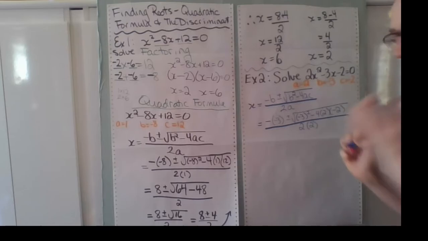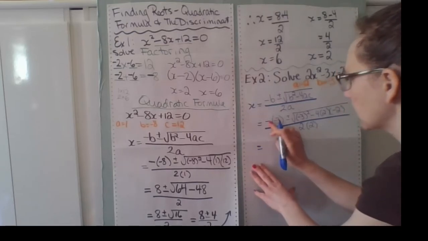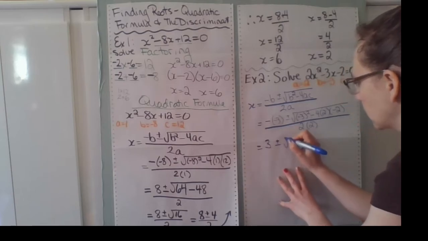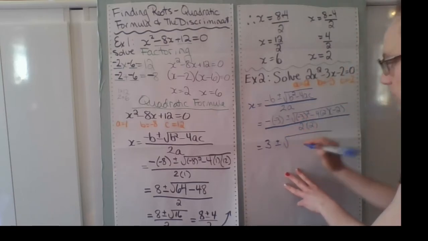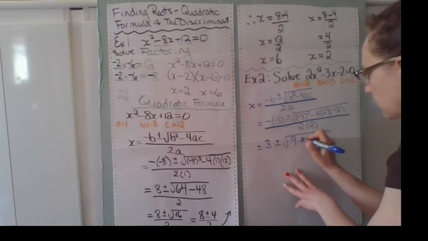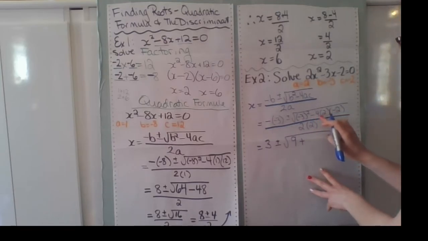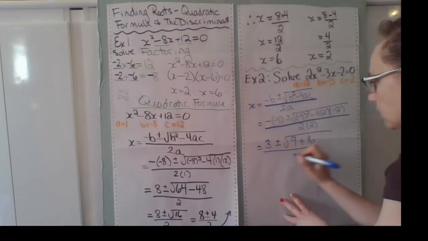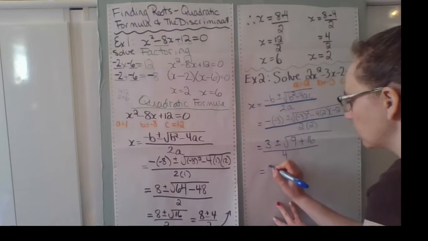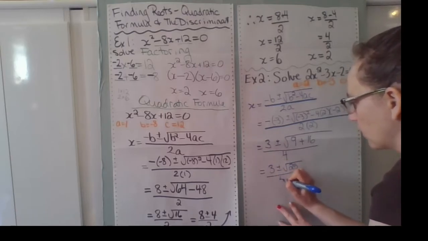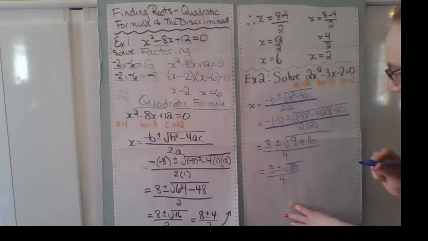Let's simplify up our numbers. Negative times a negative gives me a positive 3 out front, plus or minus negative 3 squared gives me a 9. Negative times a negative gives me a positive 2. 4 times 2 is 8, times 2 is 16. All divided by 4. 3 plus or minus the square root of 25 over 4. So we're almost there.